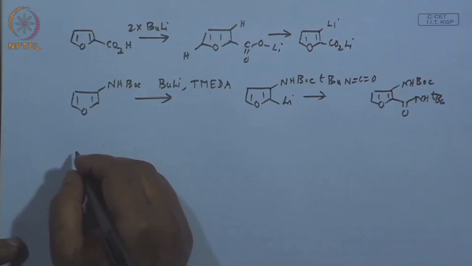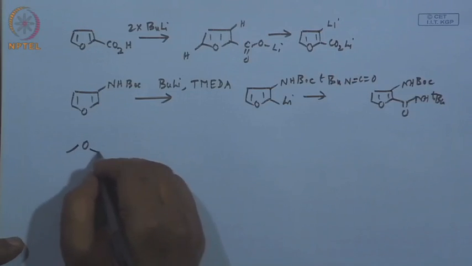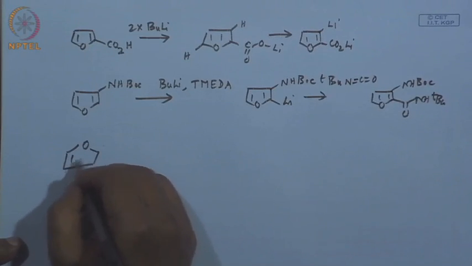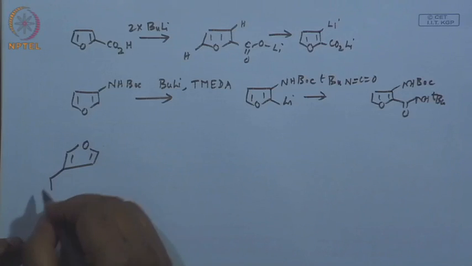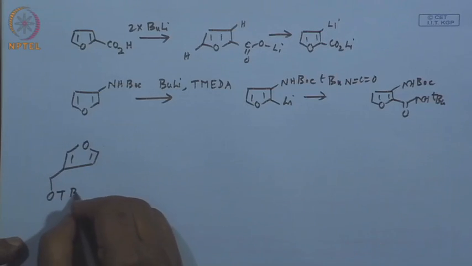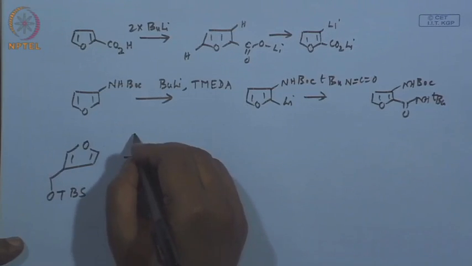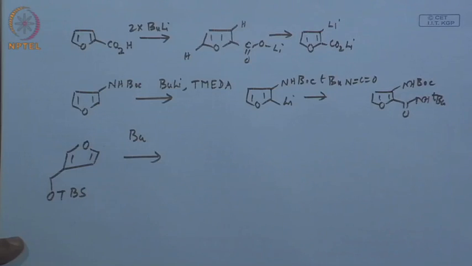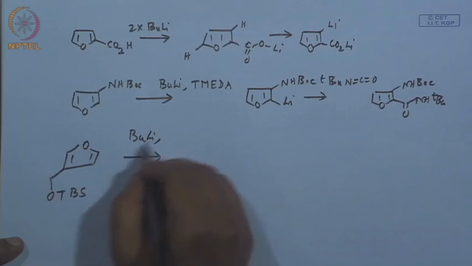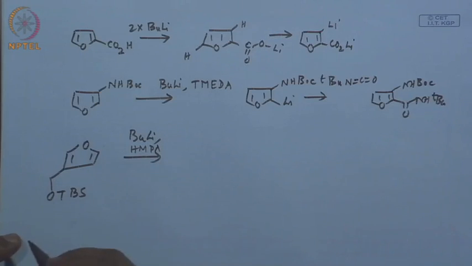The next example, okay, see here is a furan, now with OTBS, butyl lithium and HMPA, hexamethylphosphoramide. What is expected out of it?